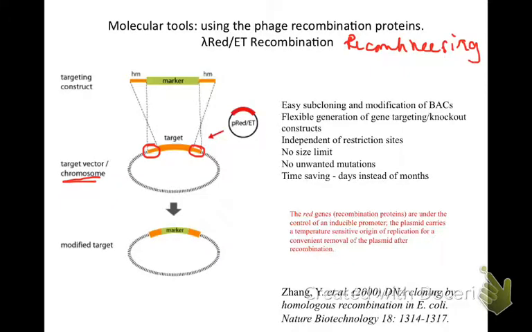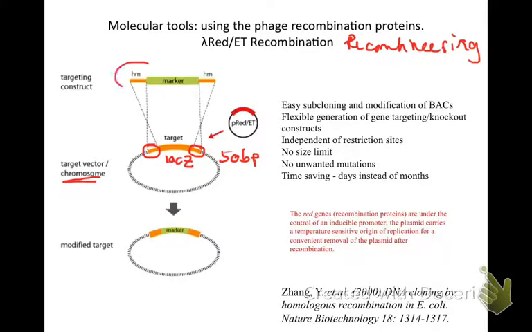So let's say that this is the RecZ gene, and we want to replace it with a marker, GFP or kanamycin resistance, whatever you want. These regions that flank the RecZ gene can be as small as 50 base pairs.